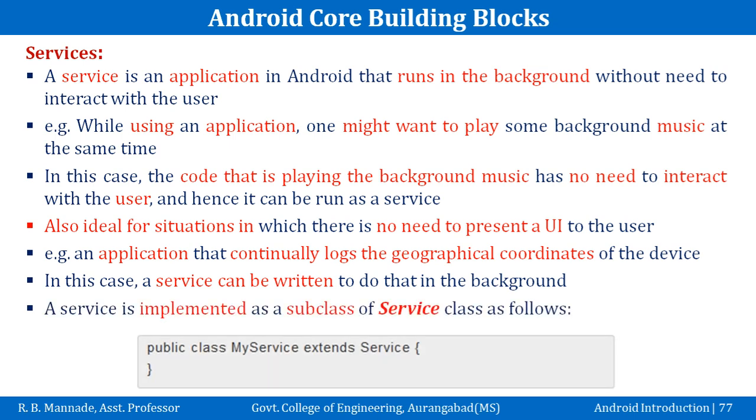A service is implemented as a subclass of an inbuilt class called Service, as shown in this snippet. If you want to implement your own service, you define one public class, in this case MyService, and it extends the built-in class Service. It means MyService is inherited from the class Service. In this way you can define or implement your own service.